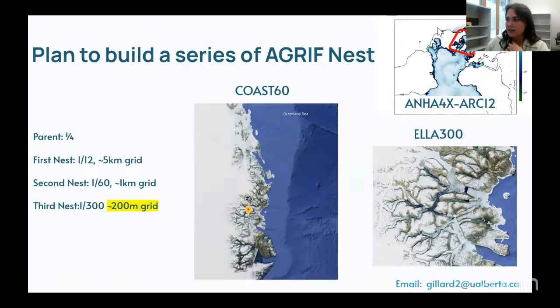This is our overall larger 1/12th degree nest, and then we build down off the coast of Greenland to a 1/60th degree nest, and then going down in the fjord to 1/300th, which gives us a 200-meter grid in order to look at some of these fjord processes, which is a very fun thing that we've just started on.